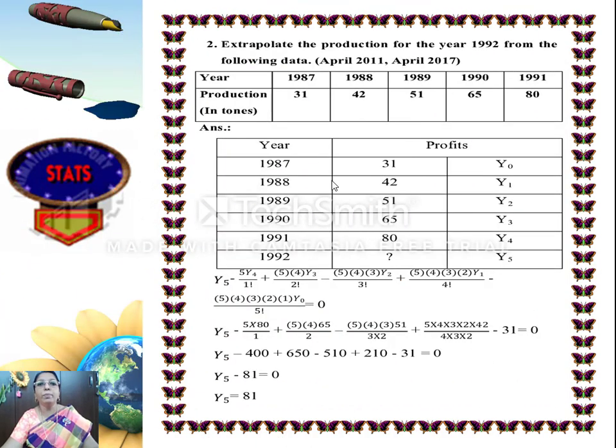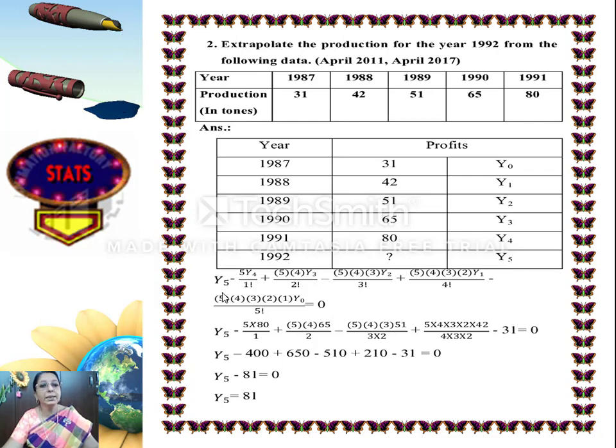A similar problem where the values are moving in equal intervals: 1987, 88, 89, 90, 91, and you are to extrapolate for 92. The values are moving in equal intervals, and what we have to find is also in an equal interval. Here it's y0, y1, y2, y3, y4 and y5, which we have substituted for the profits.